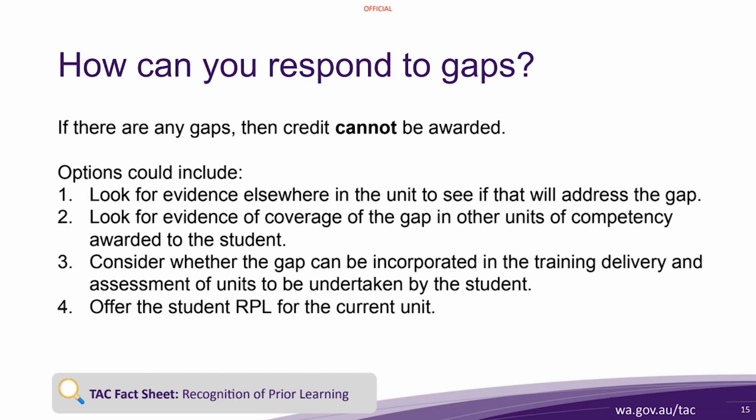Could it be that, and we'll find from time to time that units of competency have been merged or split in order to reflect current industry practices, which may mean that you could look for evidence that the person had achieved the requirements somewhere else in the unit of competency.